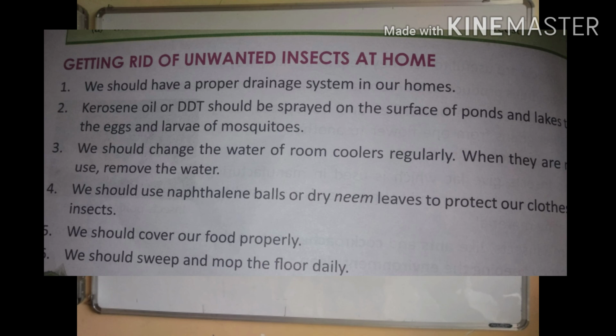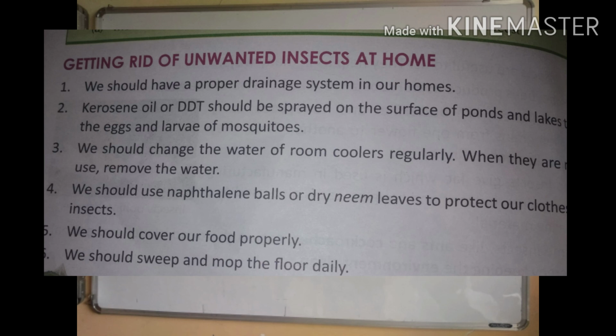Here we have to see how to get rid of unwanted insects at home, as we have seen some harmful insects. We should have a proper drainage system in our homes.